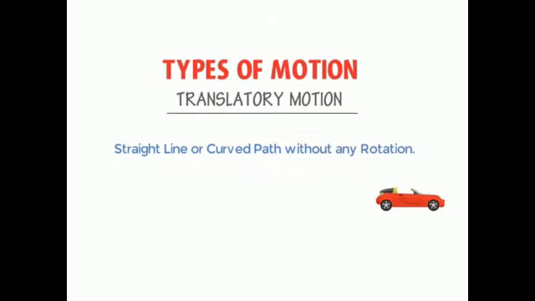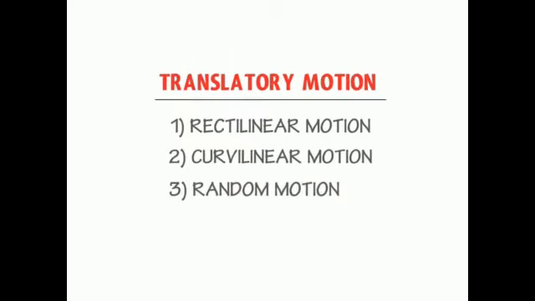First of all, we are going to discuss about translatory motion. When an object moves in a straight line or curved path, then this type of motion will be known as translatory motion. Now, translatory motion is further divided into three types: rectilinear, curvilinear, and random motion.